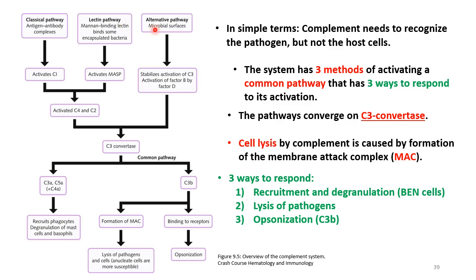And here is your first one that is acting, your alternative pathway, in which C3 just cleaves itself. Ultimately, you have cleaved C3, and you're going to get opsonization and membrane attack complex formation.